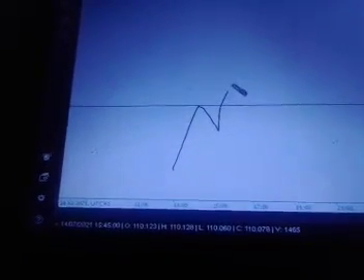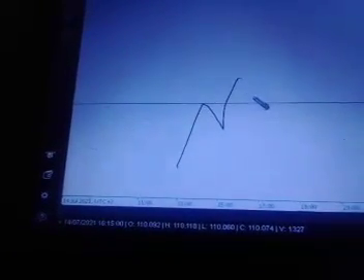Now let's look at what is known as head and shoulders. This head and shoulders is a more complicated, more advanced pattern. This happens when the price hits a certain level, fails to break that level, but on the second attempt breaks the level.